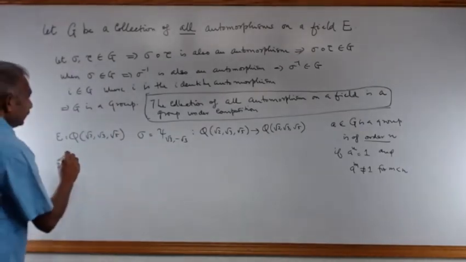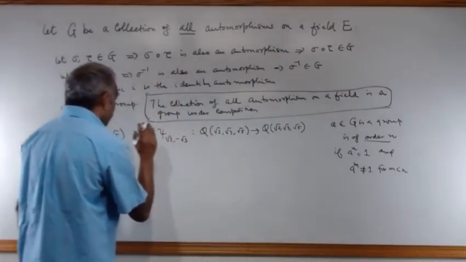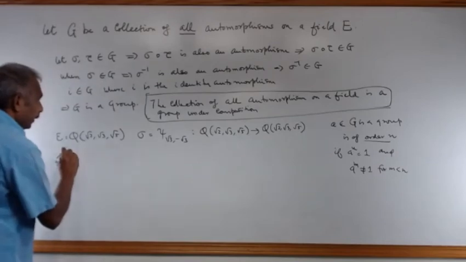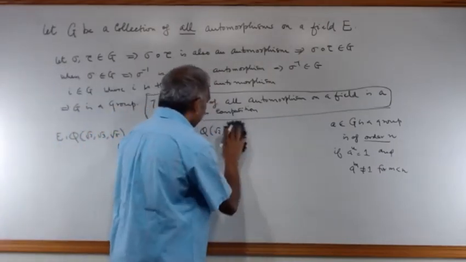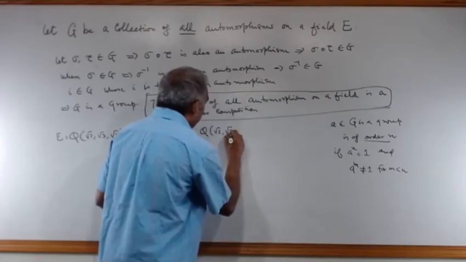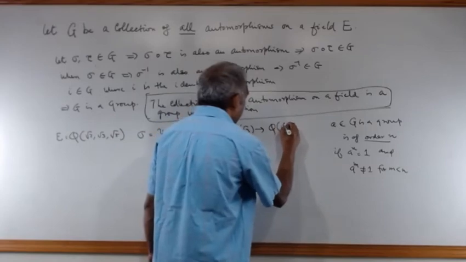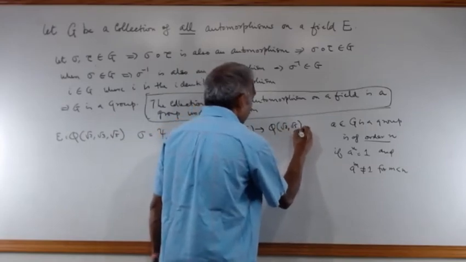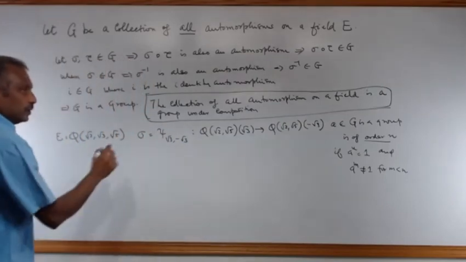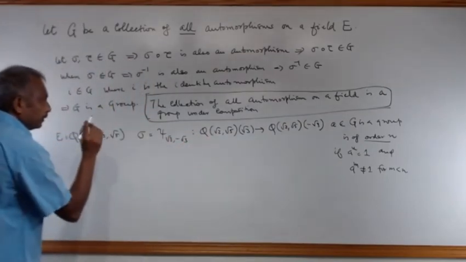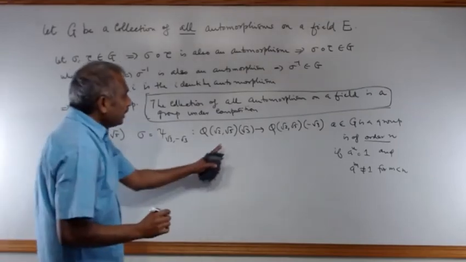So instead of writing the whole term, let us write like that only. There is an advantage like that. So the sigma of, what is an element here?